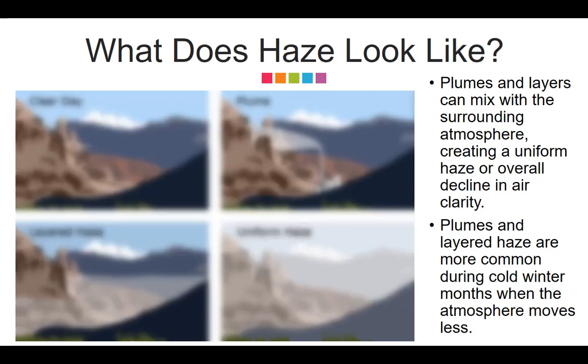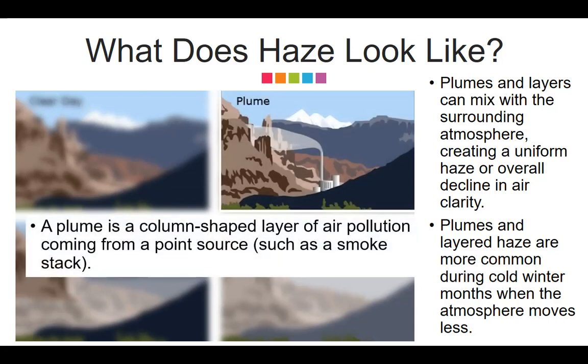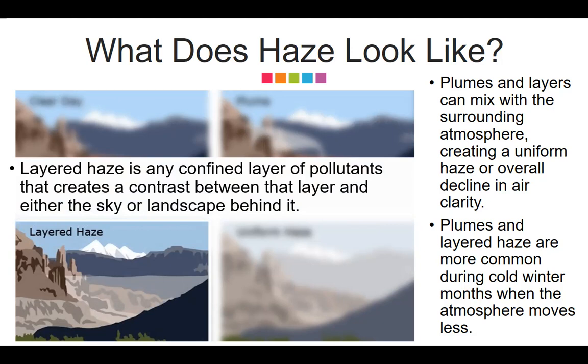So let's start here. A plume looks like this, a column-shaped layer of air pollution coming from a point source, such as a smokestack. When you look at this picture, you can see that everything looks clear except the things that are right behind the plume. Then you get layered haze. This is any confined layer of pollutants that creates a contrast between that layer and either the sky or the landscape that you can see behind it.